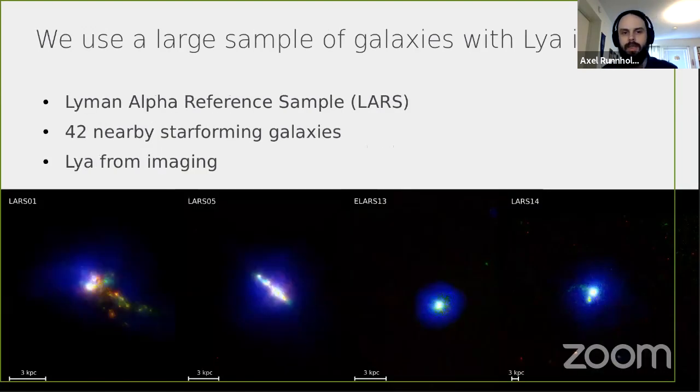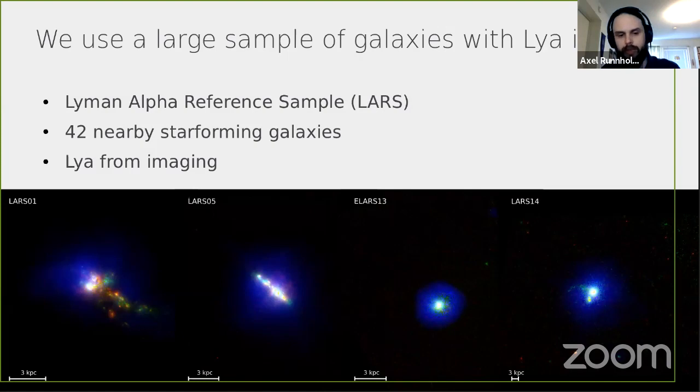We use a sample of galaxies called LARS, or the Lyman Alpha Reference Sample. It's a sample of 42 nearby star-forming galaxies where we have Lyman Alpha imaging from HST. And they're low redshift galaxies, so we don't have to worry about the IGM absorbing any of this Lyman Alpha, so we can really focus on understanding the ISM component.